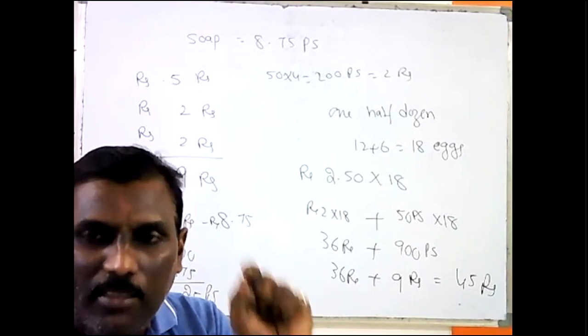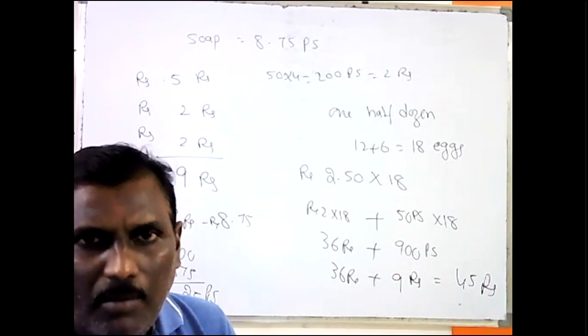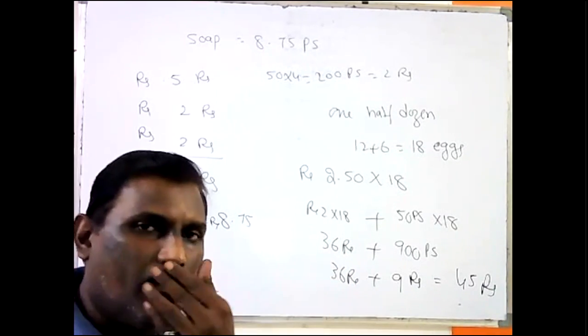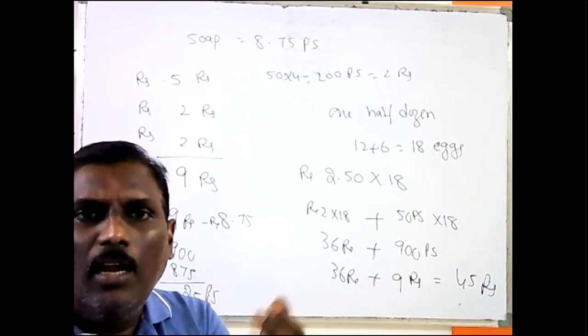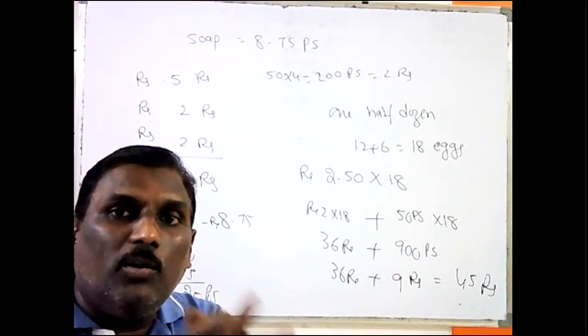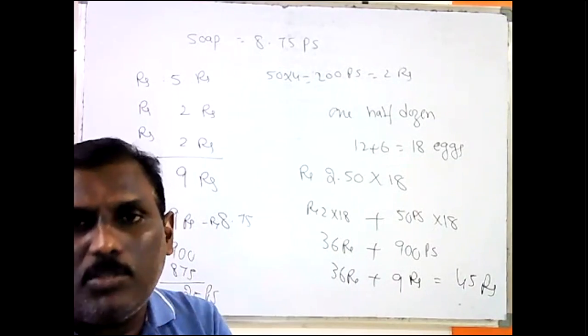Don't use calculator. Try on your own. Buy 4 chocolates, buy 1 soap, small things, 3 to 4 items. Take a paper and pen, do the calculation, give the money and see whether it is right or wrong. So this is how you have to learn. You have to learn by doing. That is the main motto of this topic.